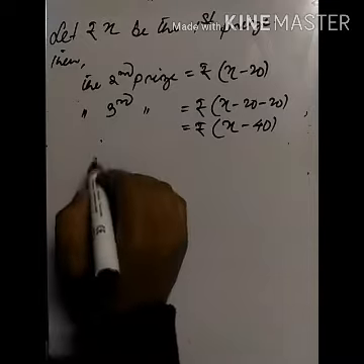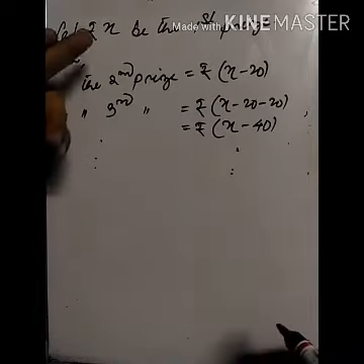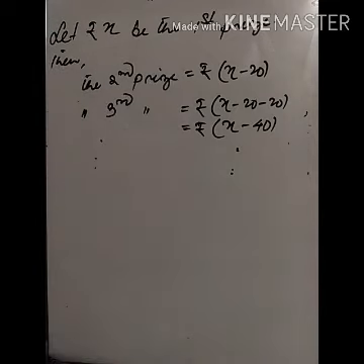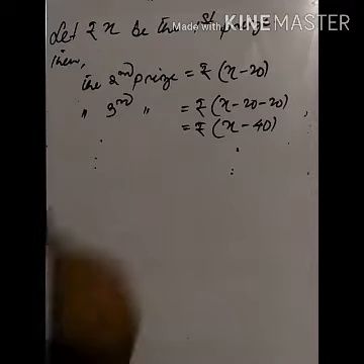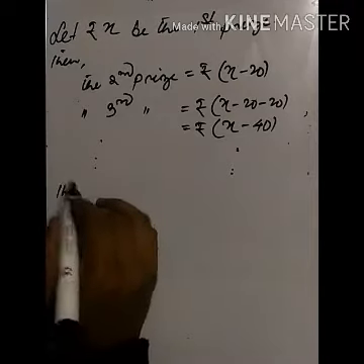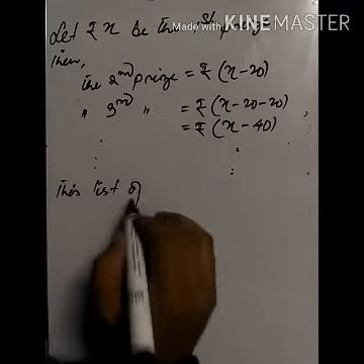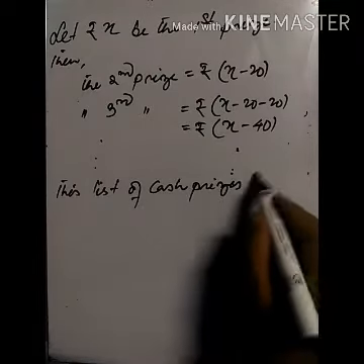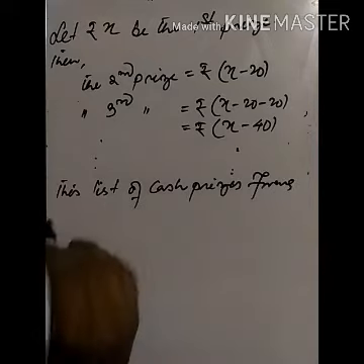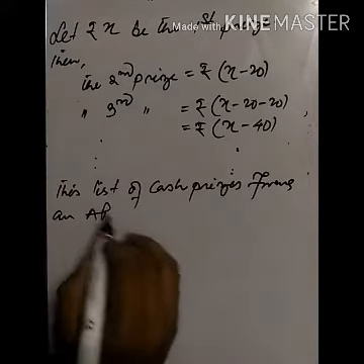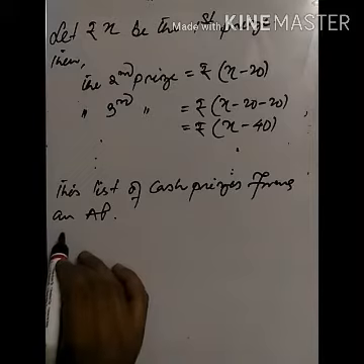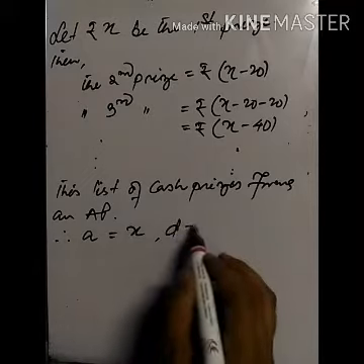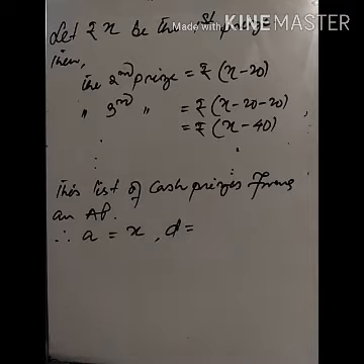So if we continue finding, this list of first prize, second prize, third prize, and so on will form an AP. So we can write here, this list of cash prizes forms an AP. Therefore first term A will be X and common difference D will be, please have a look here, do not get confused.